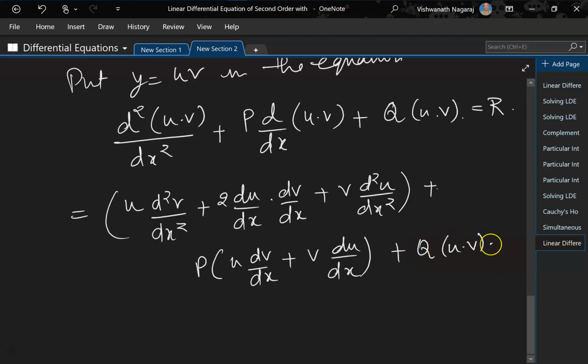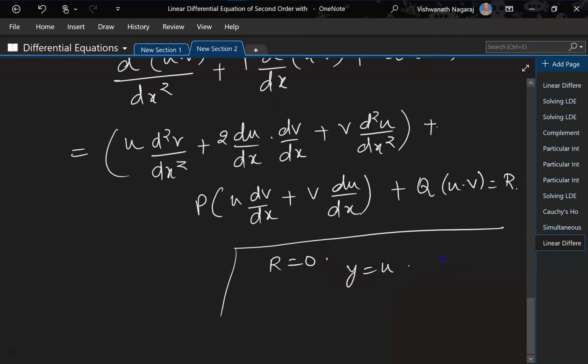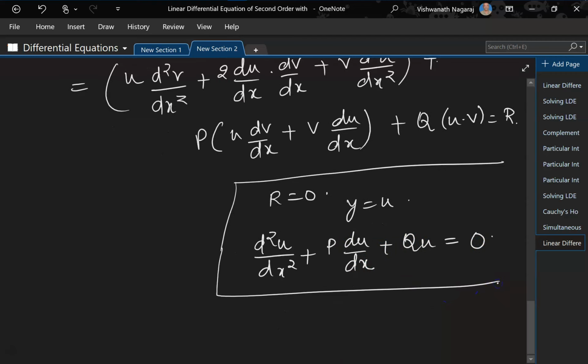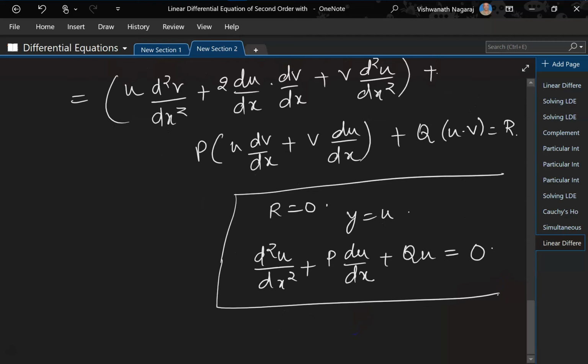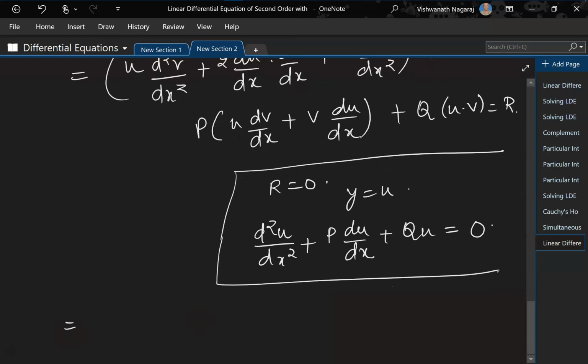equal to, now remember, if we take r is equal to 0, that means right hand side is equal to 0, then we said y is equal to u is a solution, right? So which means d2u by dx square plus p du by dx plus qu is equal to 0. Okay, so we will use this fact in this. So what will happen? Let's open up the bracket.